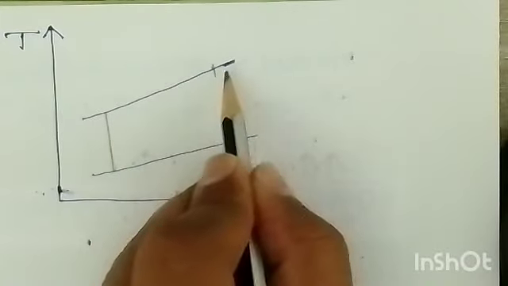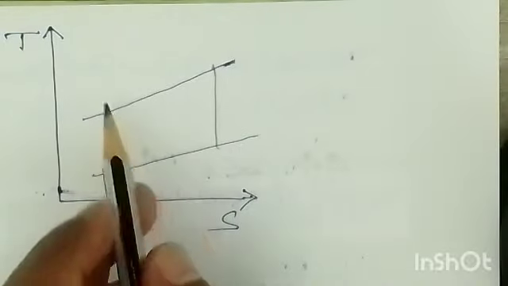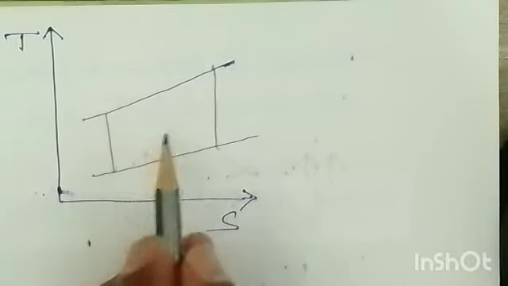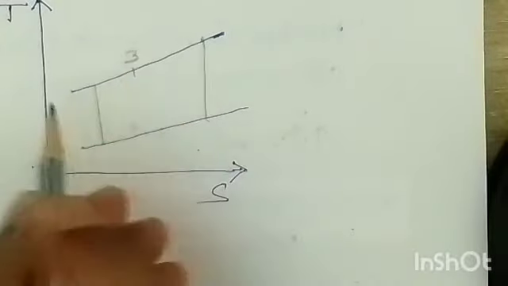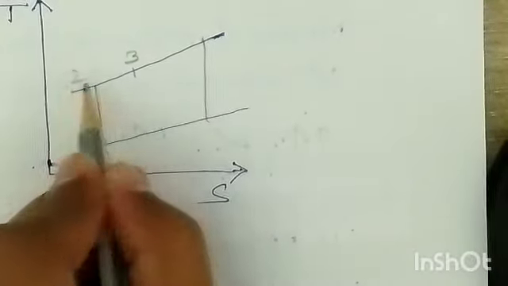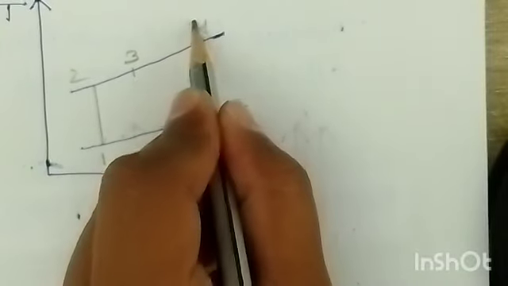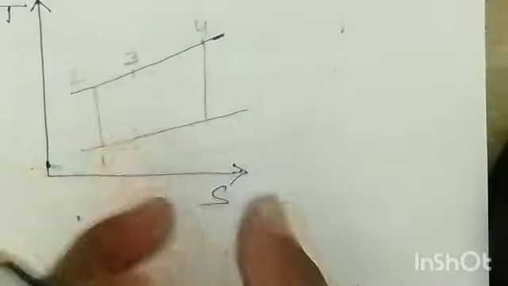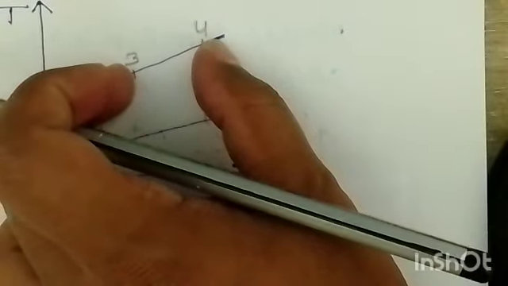combustion chamber is from here to here, and then this is the expansion. But as it is regeneration, additionally you are adding heat from 2 to 3, right? So you can add this heat here: this is 1, 2, and from 2 to 3 you are adding the heat, and then from 3 to 4 you are supplying heat in the combustion chamber. If you look at it, the area of the heat supplied is less than in the conventional method, is it or not?